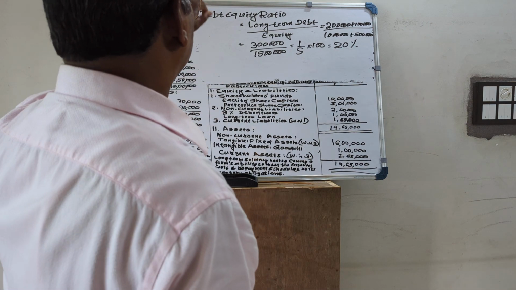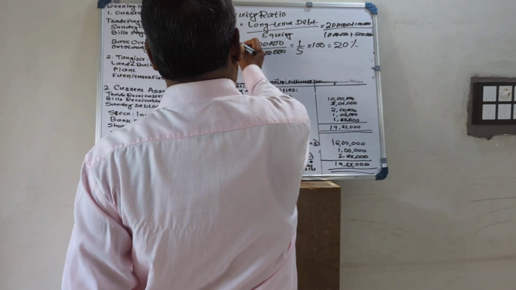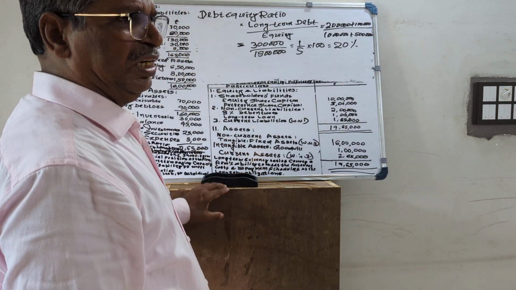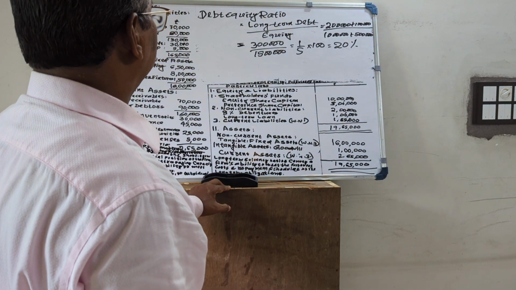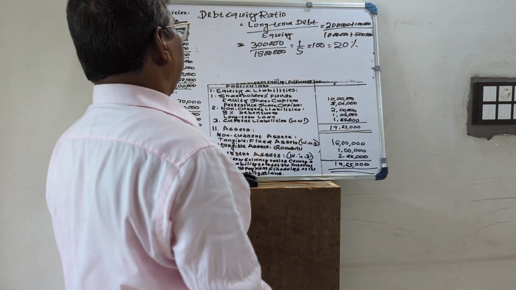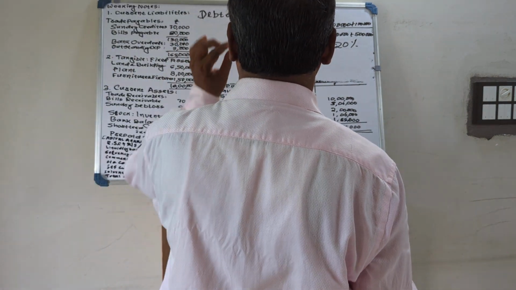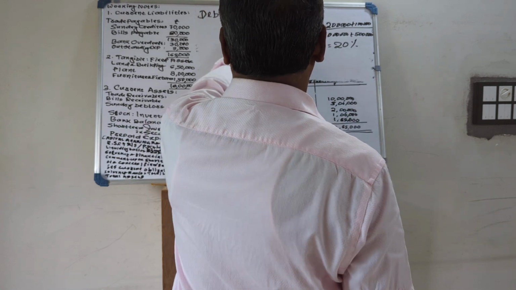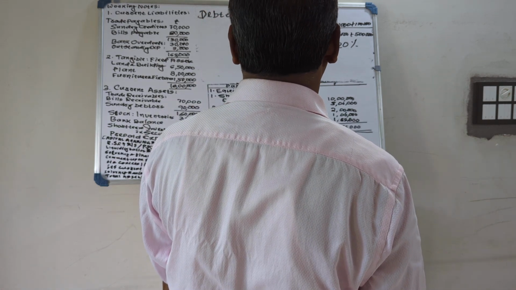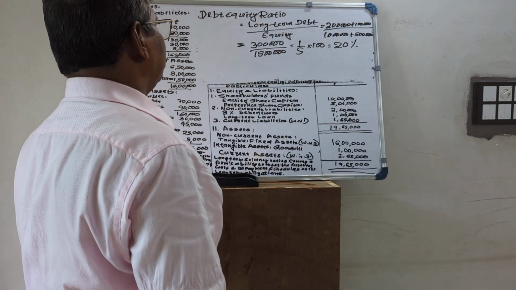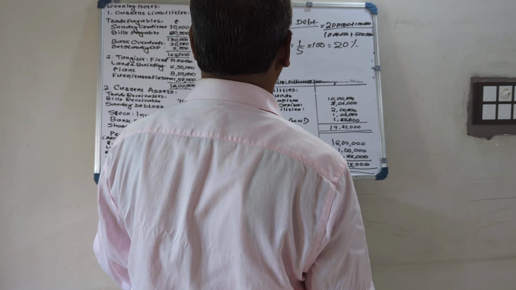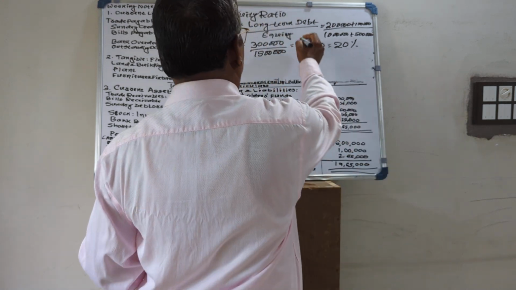So here, the debt equity ratio should be minimum... the long-term debt should be a minimum twice or thrice, as per the norms and policy, of the equity capital.